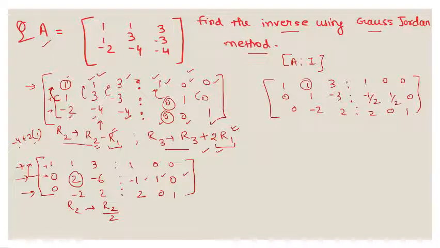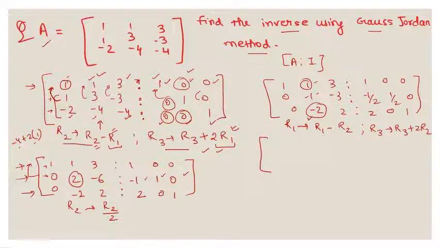Now we have to make these two zeros in order to make it an identity matrix. We can subtract R2 from R1, and add 2R2 to R3. Minus 2 plus 2 will be 0, 1 minus 1 is 0. In this way we can get our target. We are not changing R2, so keep its elements as they are: minus 1 by 2, 1 by 2, 0.